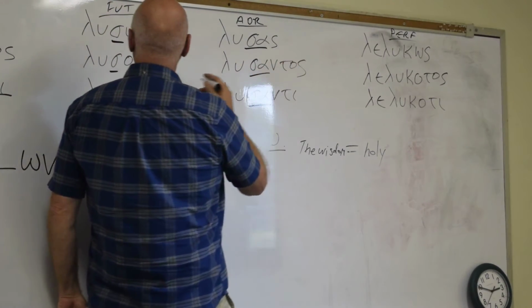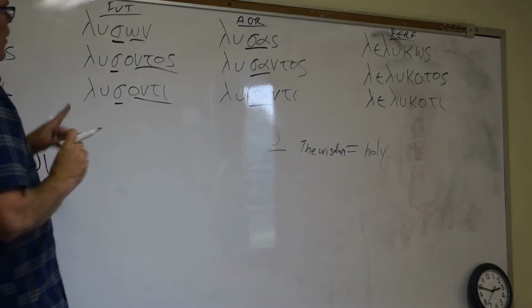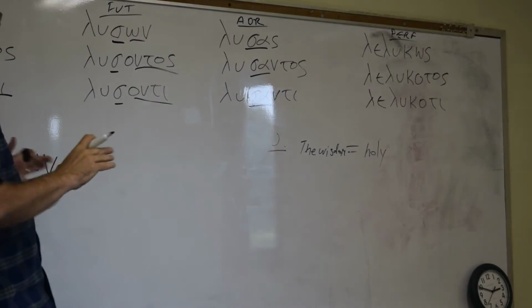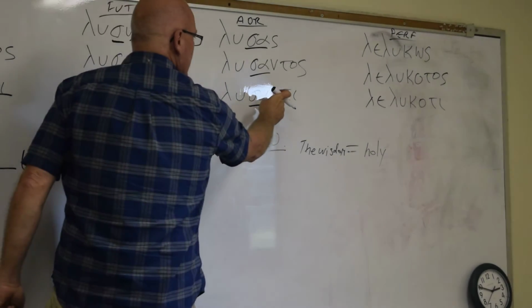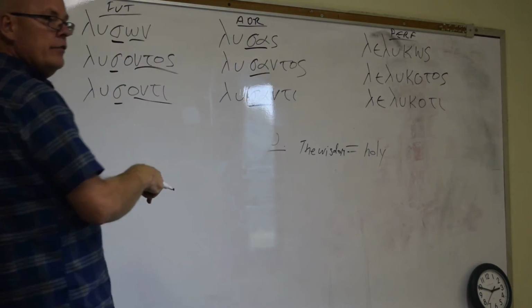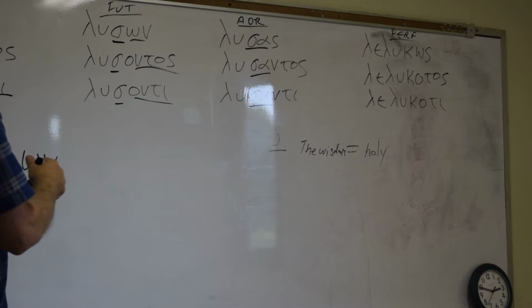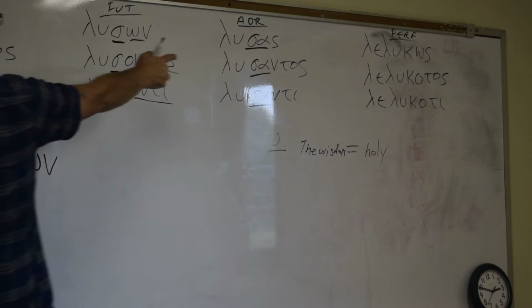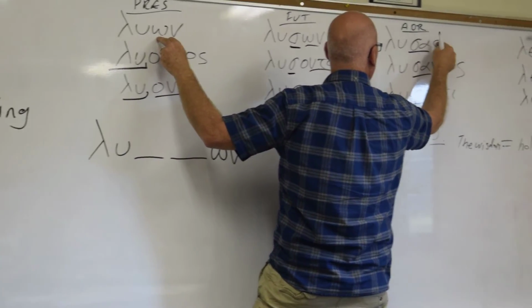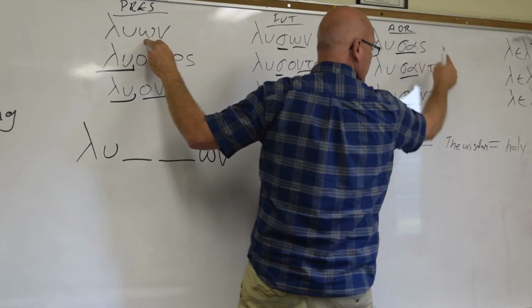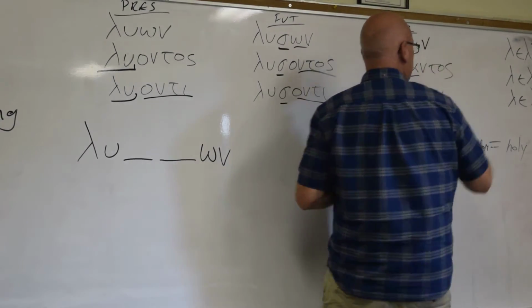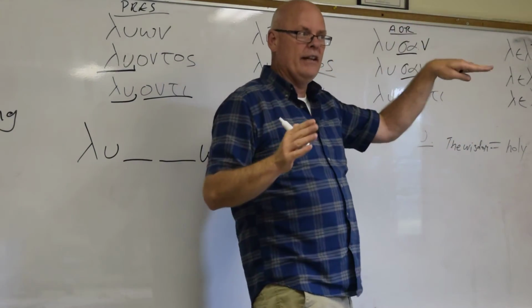Now here there's a little difference. When you come to your aorist, and this is a little bit maddening, your initial vowel on each of your endings will drop out. You see that? If you look over here, notice your omega drops out. Now this is a sigma. Just for the sake of explanation, I'll put that back to sigma again.